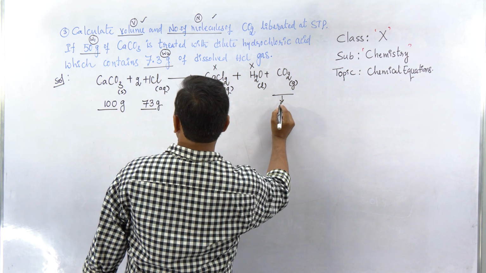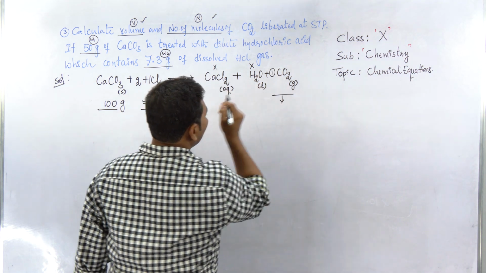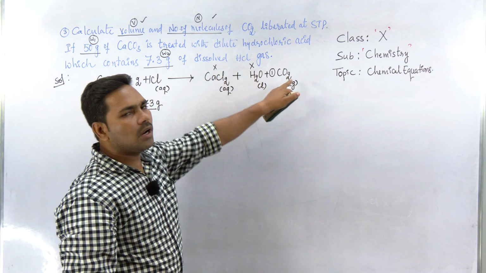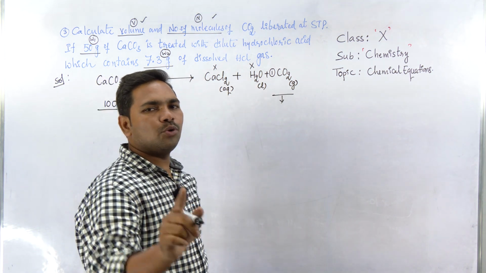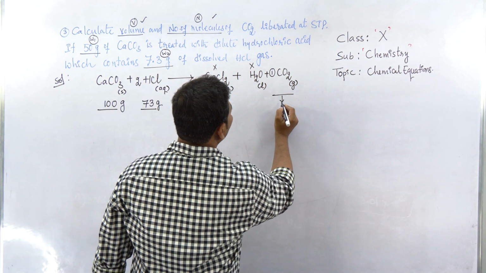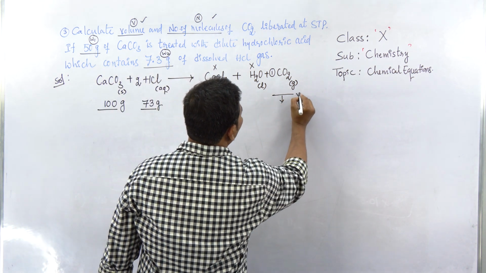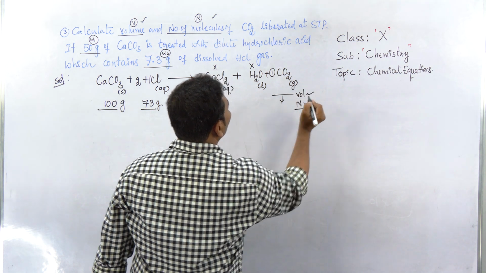This is only 1 volume. Let's write the coefficient is only 1. We understand it is 1 mole carbon dioxide. 1 mole contains 1 Avogadro number of molecules or 22.4 liters of CO2 at STP. So let me write it here. We need to find out the volume and also the number of molecules.